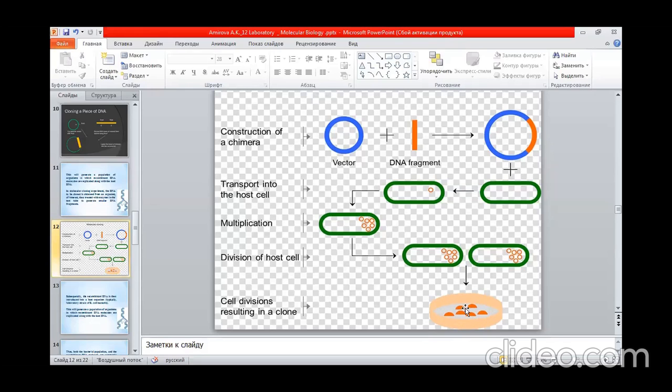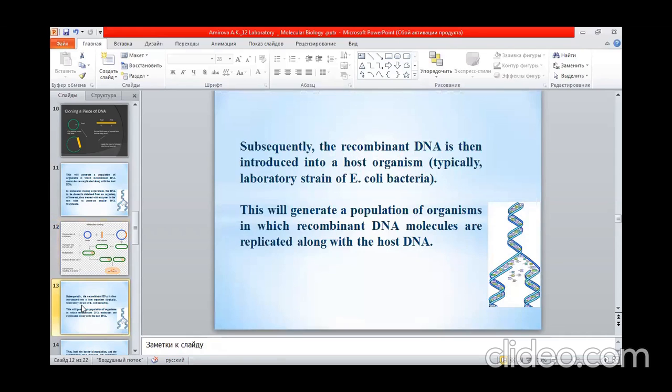Recombinant bacteria with recombinant DNA obtained clones. Subsequently, the recombinant DNA is introduced into a host organism, typically a laboratory strain of Escherichia coli bacteria.